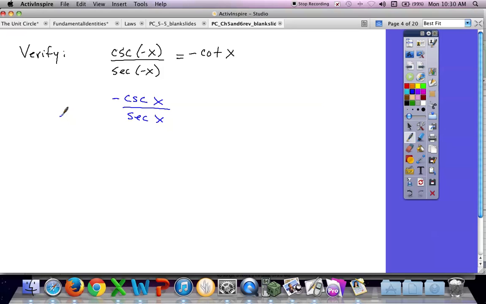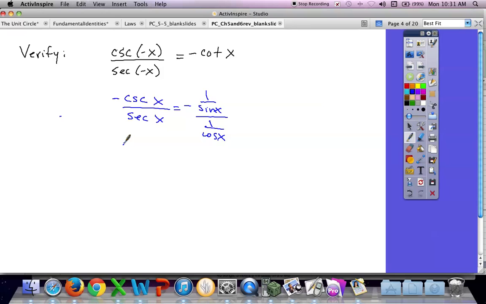We still need to make this look like a cotangent. How might we do that? Okay, you could do that. You could say cosecant is 1 over the sine, and secant is 1 over the cosine.